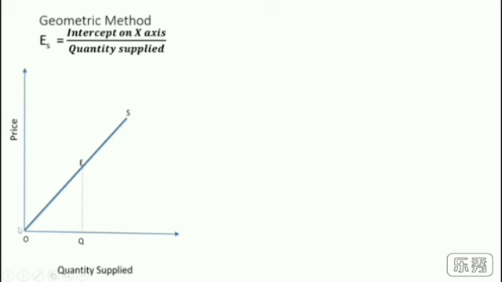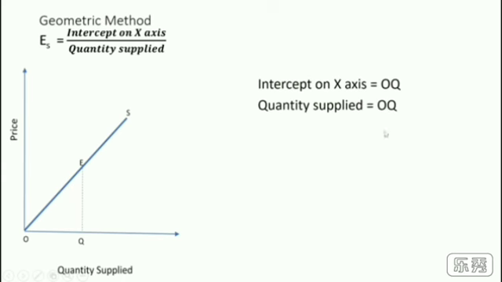So the price elasticity of the supply curve at the point is given by the ratio NQ0 divided by OQ0, which is equal to 1. At any point on the straight line supply curve going through the origin, price elasticity will be 1. So in the geometrical method, this panel shows the elasticity of supply will be 1.